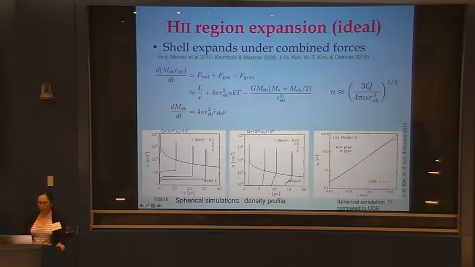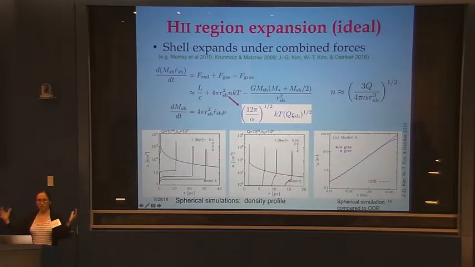And just to see what's going on here, that's the approximate radiation force as applied to the shell on the outside. This is the gas pressure force. But in that gas pressure force, you can use the ionization equilibrium in the interior to compute an approximate value. As the ionization front expands, this term will become more important.